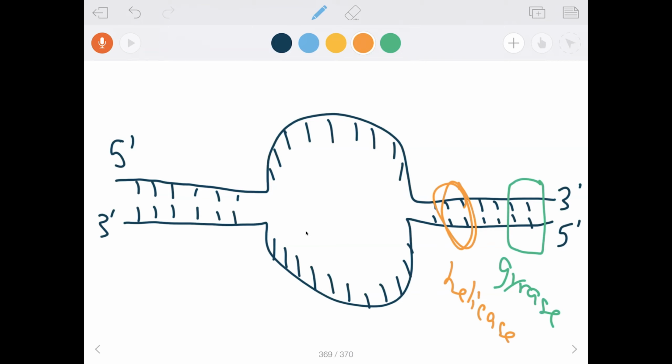In this case, for transcription, our goal is to make an mRNA copy of the gene. So our goal is to make RNA. So we would use RNA polymerase. Now, the polymerase doesn't know exactly where to bind without looking for a specific region.